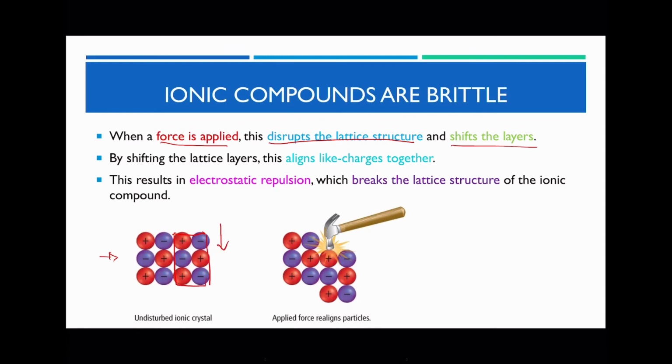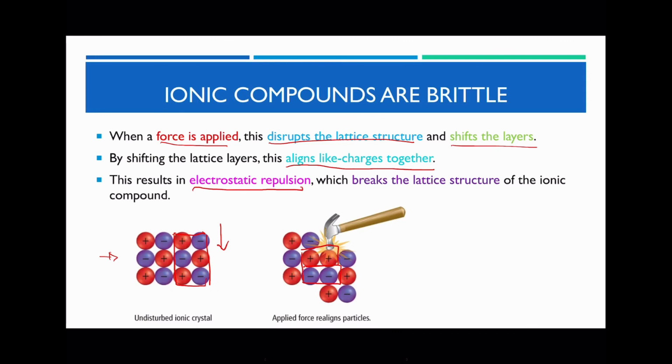Now, by shifting the lattice layers, this now aligns like charges together. Can you see that these two positive charges over here are now side by side? These two negative charges over here are also side by side with one another. By having these like charges directly across from each other, this now causes electrostatic repulsion. This is the opposite of electrostatic attraction.